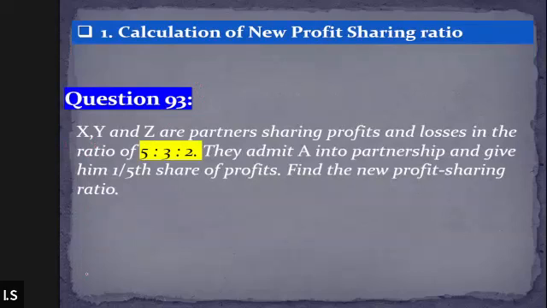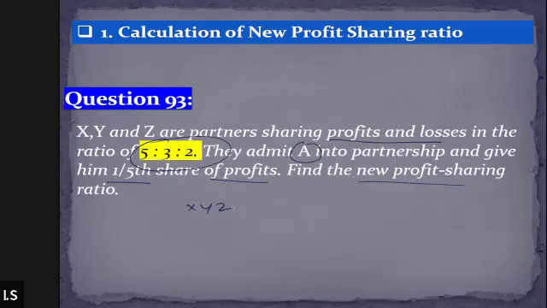The question is saying that there are three partners X, Y, and Z, right? And their profit sharing ratio is given as 5:3:2. Currently, they are sharing the profit in the ratio of 5:3:2. They admitted A into the partnership and gave him a 1/5 share of profit. We need to find out the new profit sharing ratio. Okay, so I hope the question is clear.